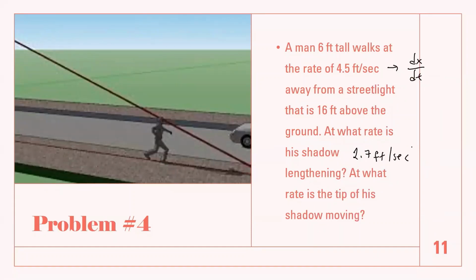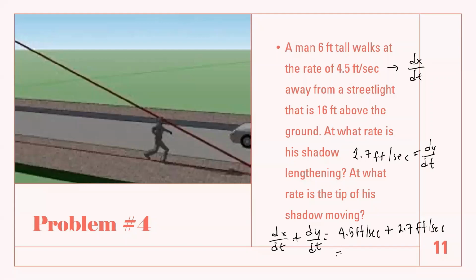Okay, so at what rate is the tip of the shadow moving? So what we are going to do is add dx over dt with dy over dt. So our dx over dt is 4.5 feet per second plus our dy over dt is 2.7 feet per second.